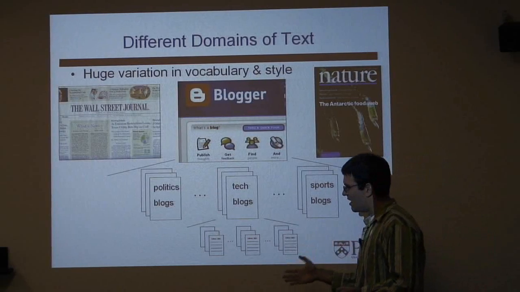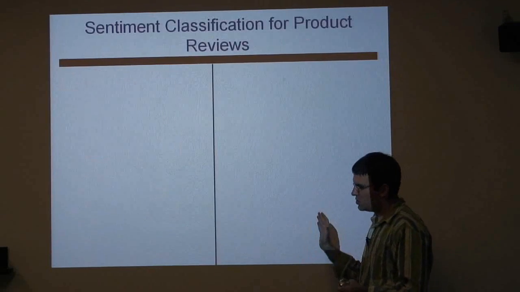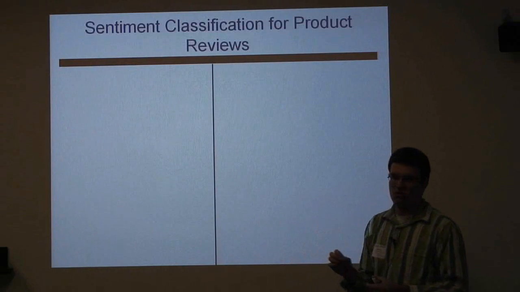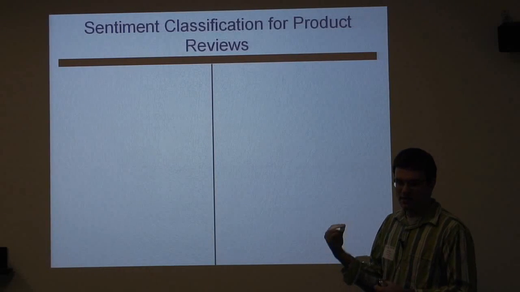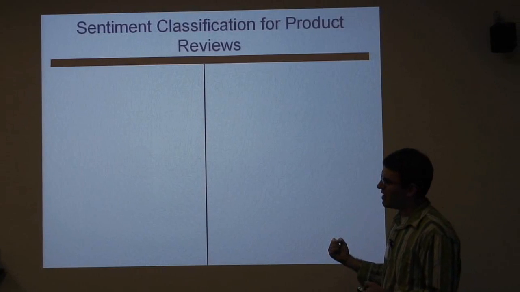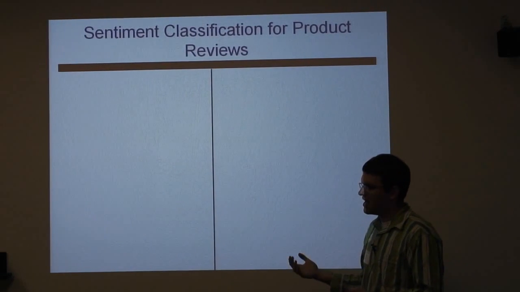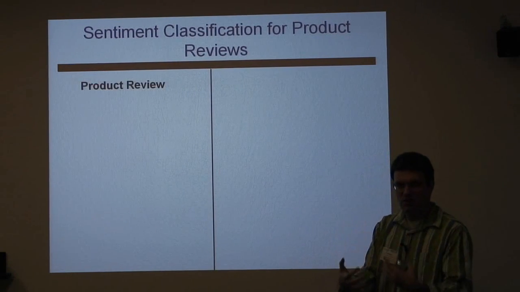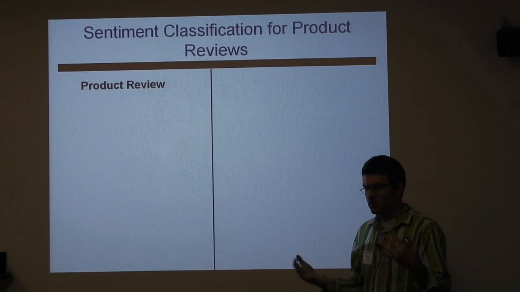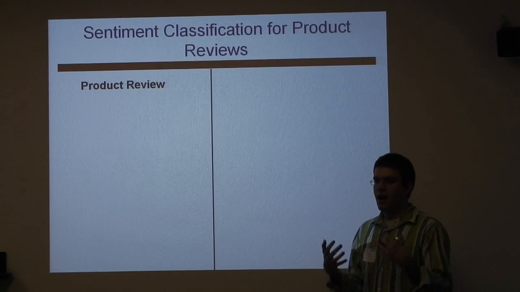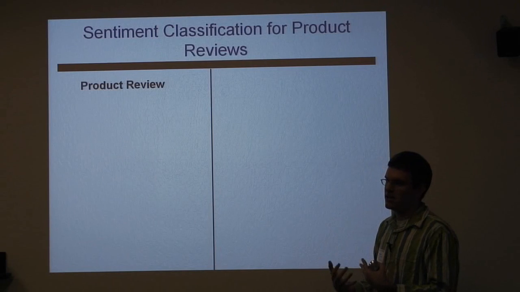Let me dive into two specific cases that I'm going to address in this talk. The first is sentiment classification for product reviews. In this setting, we're going to receive a review, just some text describing how a person felt about a product he or she bought.